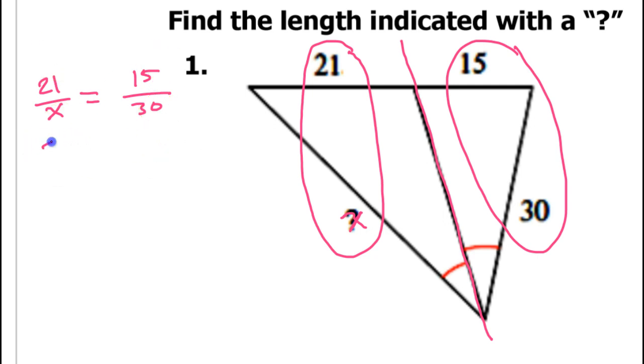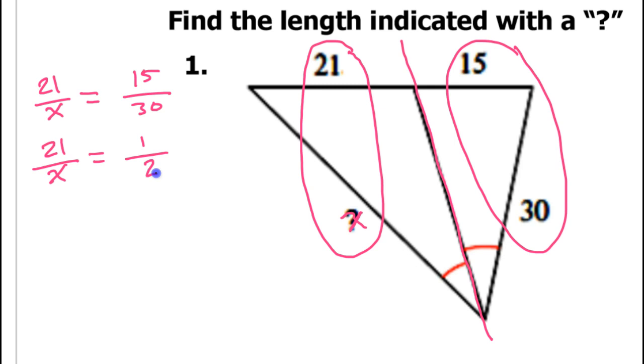That part doesn't matter. So if I do 21 over X, I always like to reduce these. Both of these are divisible by 5. So this is going to be 3 over 6. Actually, that would reduce down to 1/2. Looking back, 15 goes into 30 evenly, so I should have noticed that immediately.